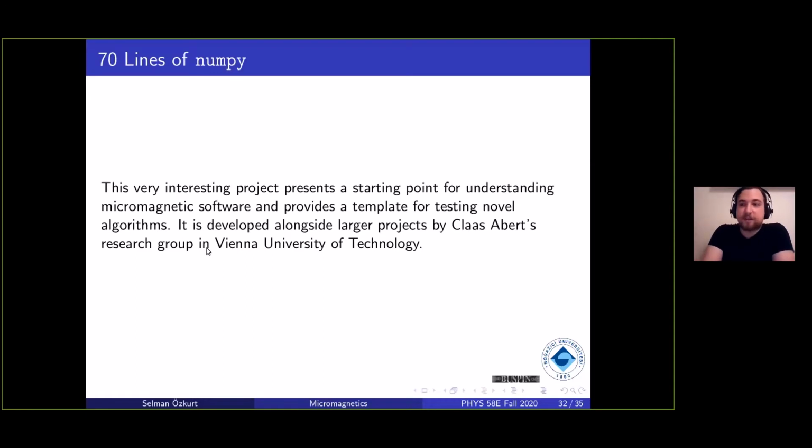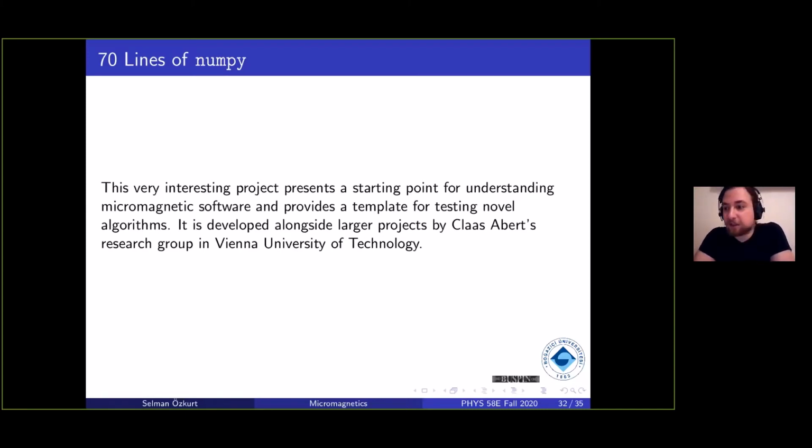And then there is this interesting project by authors of much larger micromagnetic software suites, which is about saving lines with NumPy. NumPy is a Python vector library that is widely used for scientific and similar calculations.